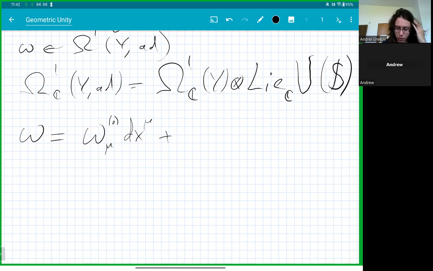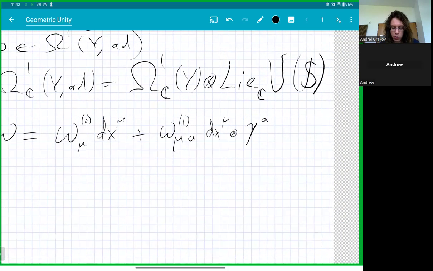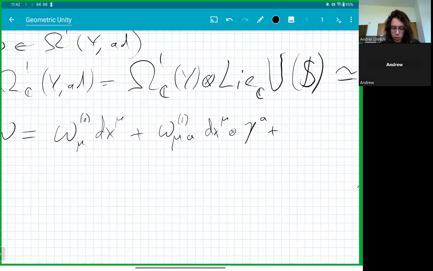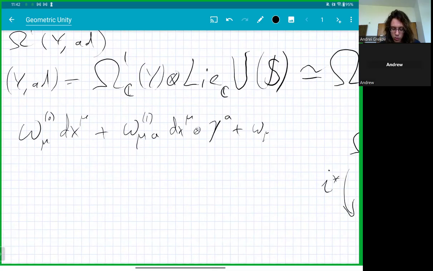Then we have the first degree term, gamma A. So gamma is like our gamma matrix, plus and so on, higher degree terms, with gamma A, gamma B, and so on. So we need this part.